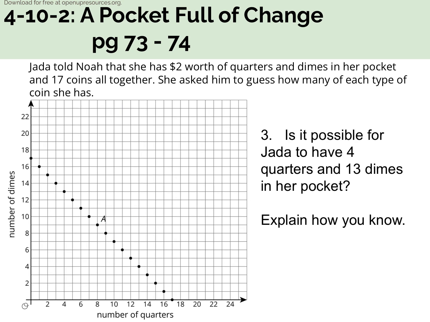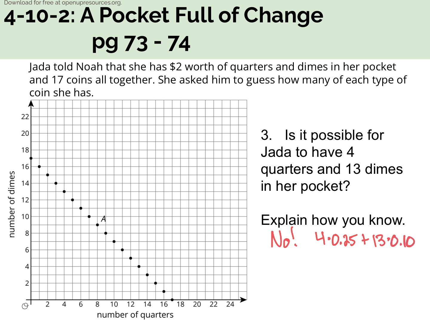All right, now we're on page 74, and we're going to go ahead and answer the question. Is it possible for Jada to have 4 quarters and 13 dimes in her pocket? Explain how you know. So what is the answer to that? The answer is no. Okay, why? If we have 4 quarters, that's 0.25, and 13 dimes, that's 0.10.